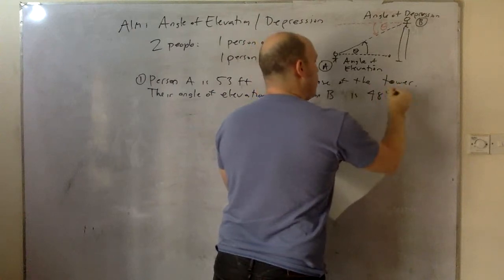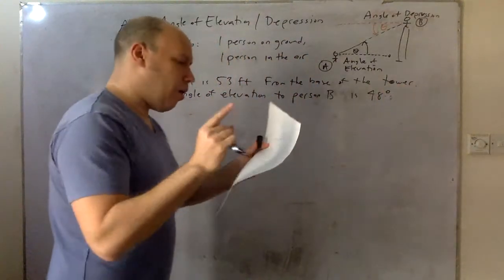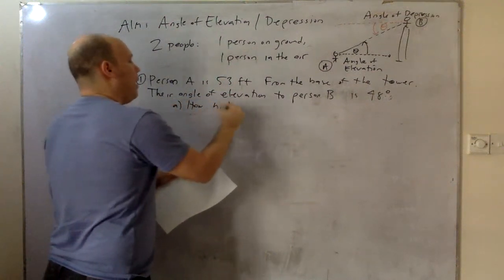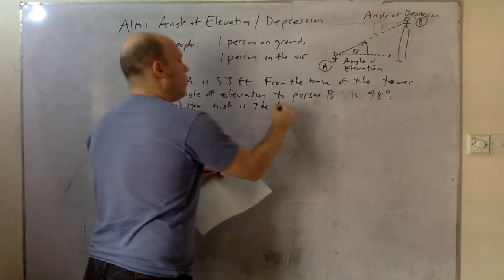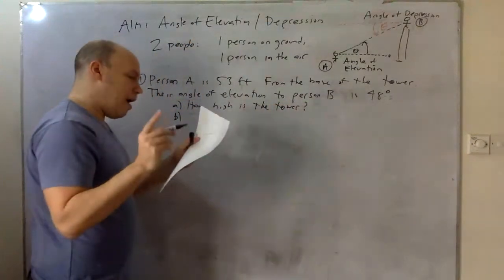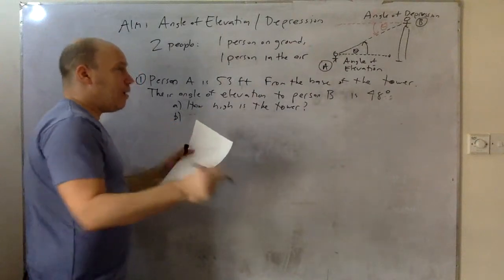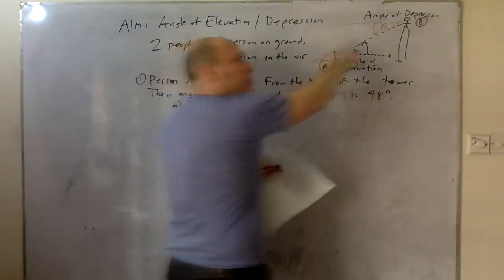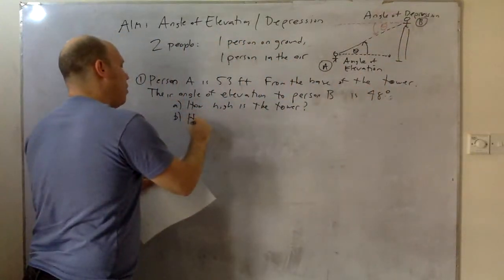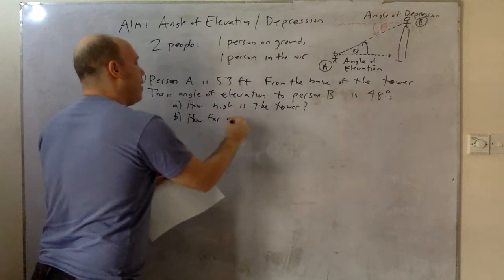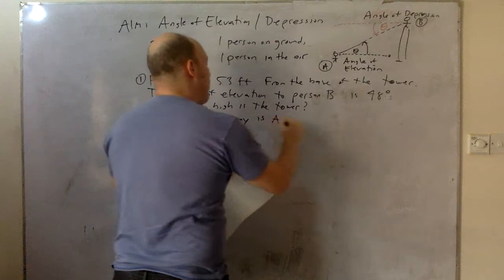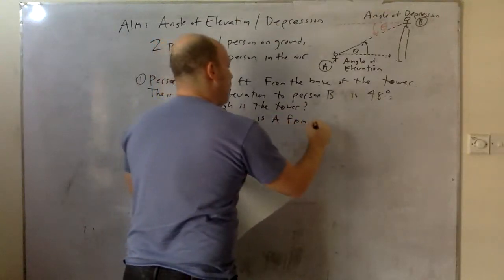Sorry. The question I'm going to ask is, how high is the tower? And my second question is, how far away from A is person B? How far away from each other? So how far away is A from B?